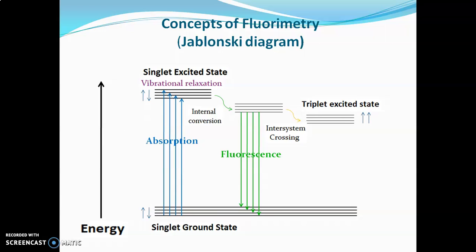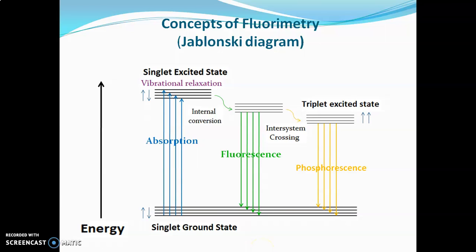As we know that triplet excited state is a less energy state, so electron will spend more time in this state, but still it is an excited one, so it is unstable. And now the electrons will come to the ground state by losing energy in the form of radiation, which is known as phosphorescence. So this is the complete theory or concept of fluorescence and phosphorescence.